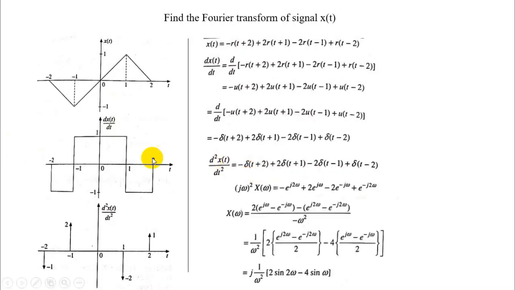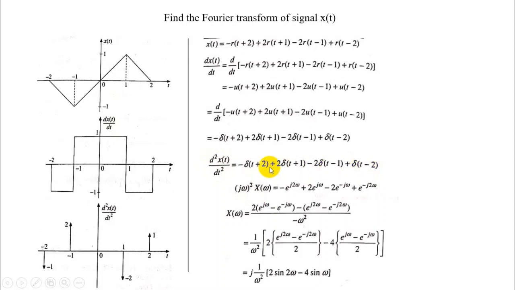We know that if we transform this signal, we just place j omega raised to the order, the number of degrees, that we had in the derivative part. So this is (j omega) squared, and the Fourier transform of x(t) is X(omega), so this is suitable for that.